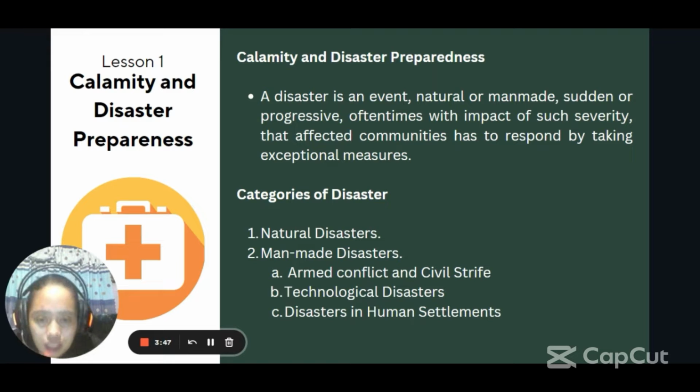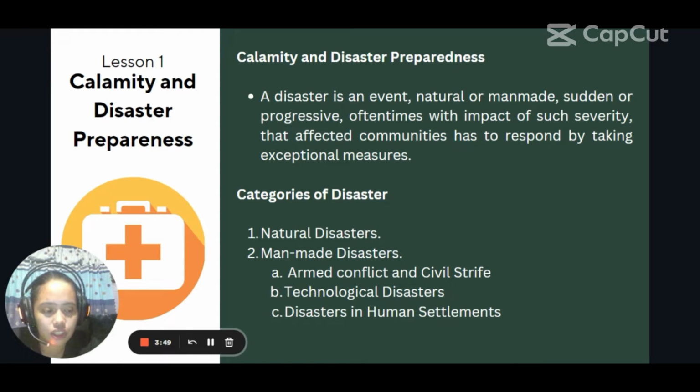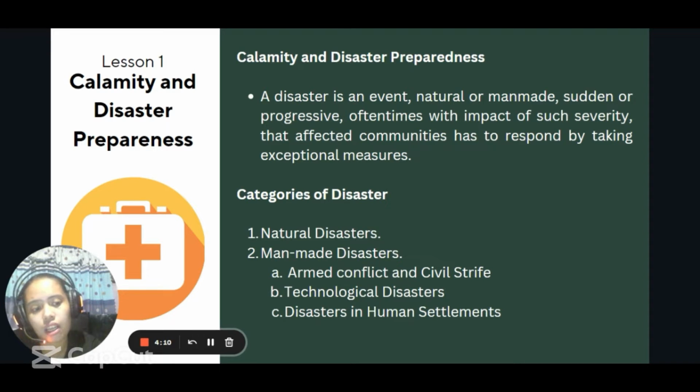So, B. Technological disaster. Disaster like this typically comes from an accident or incident that happens during the production, delivery, or handling of hazardous commodities like fuel, chemical, explosive, or radioactive materials.